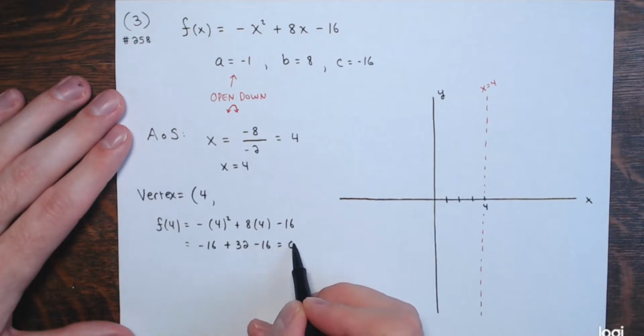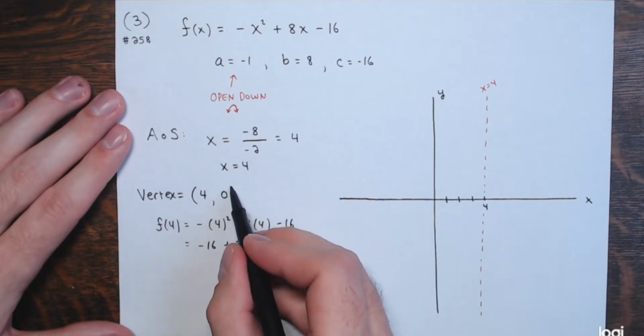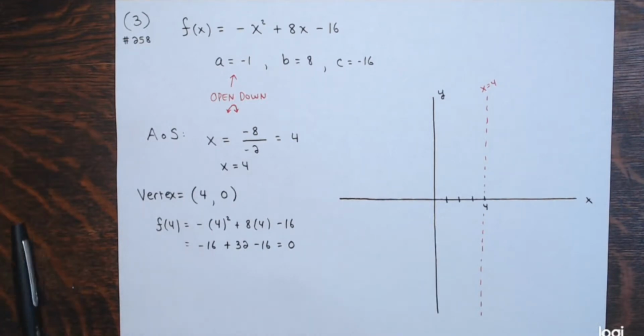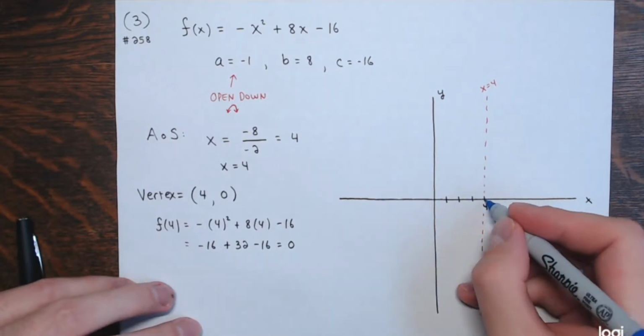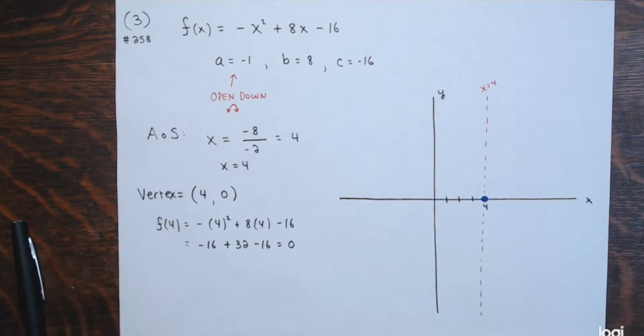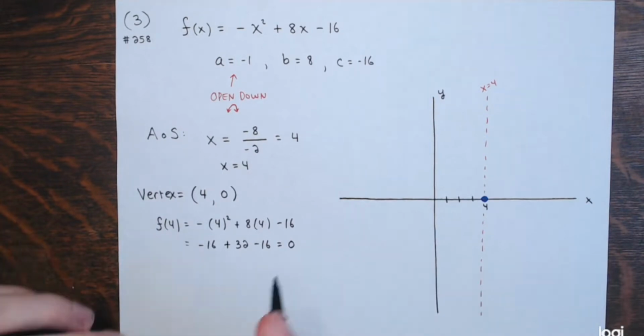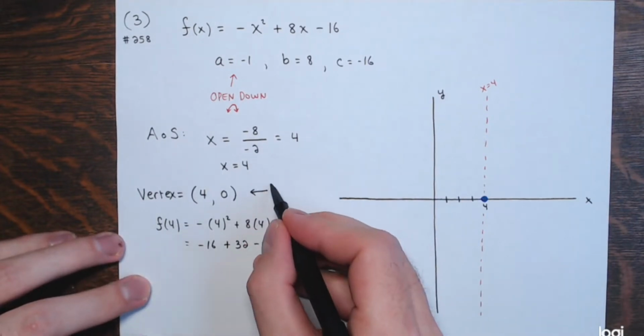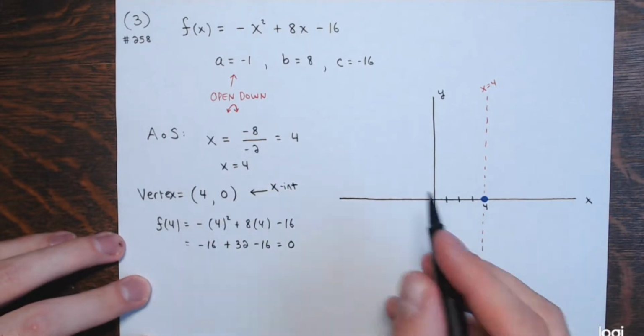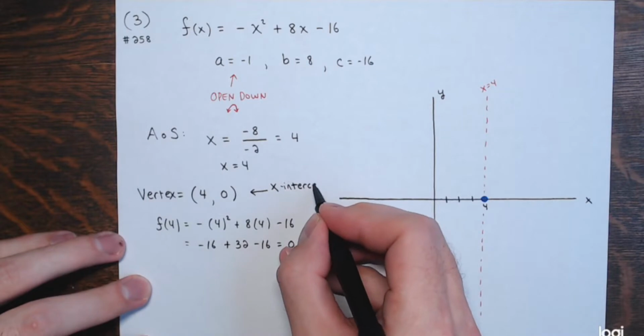That's 0. So the vertex is on the x-axis. The vertex is my x-intercept. It's the only one. If the vertex is on the x-axis, that's going to be your only x-intercept.